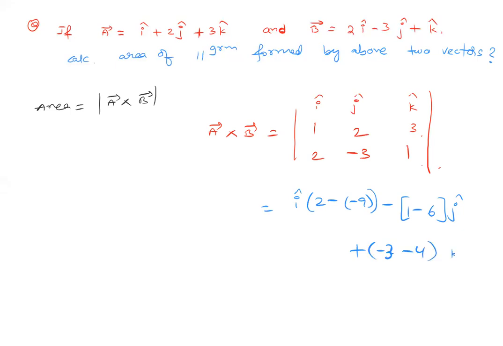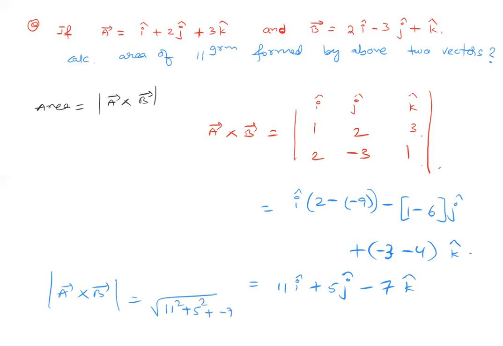So you will get finally 11 i cap plus 5 j cap minus 7 k cap, and the magnitude of area is under root 11 square plus 5 square plus minus 7 whole square. So you get root 195 square units.